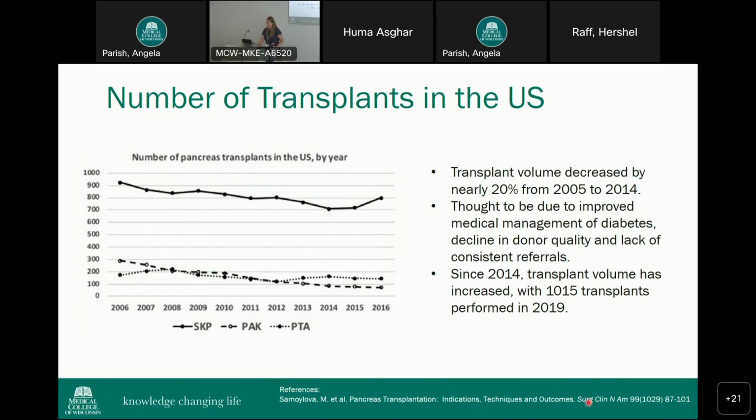Makes sense. And then lack of consistent referrals, as well as one interesting thought was that some of our transplant surgeons were aging out, meaning that fewer younger physicians are going into transplant medicine than there are retiring physicians. However, after 2014, the volume continued to increase, with the most transplants ever performed in 1 year being over 1,000 in 2019.